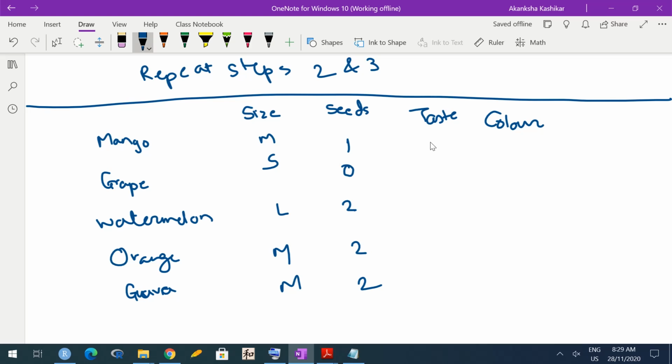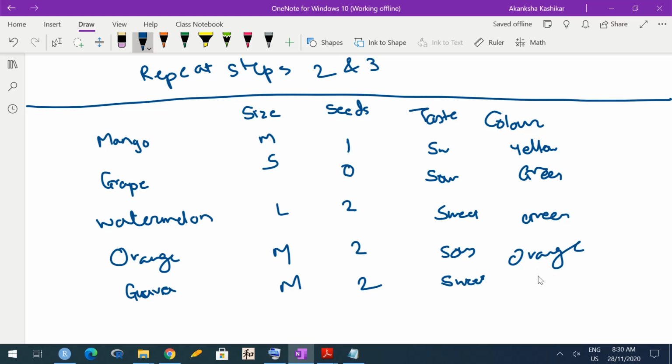Taste, mango is supposed to be sweet, grapes let us say sour, watermelon sweet, orange sour, and guava also sweet. Okay, let's say it's fully ripe. Color, we are talking of external color, so mango yellow, grape let us say green, watermelon also green, orange is orange, and guava is yellow, sorry, green.